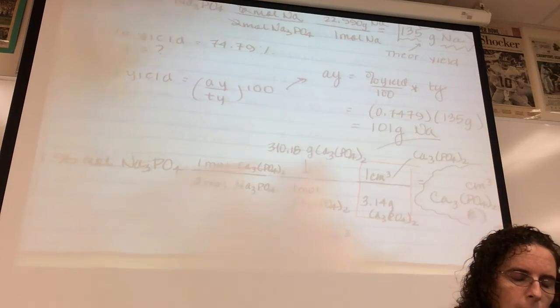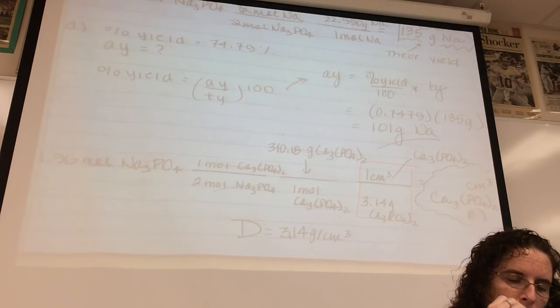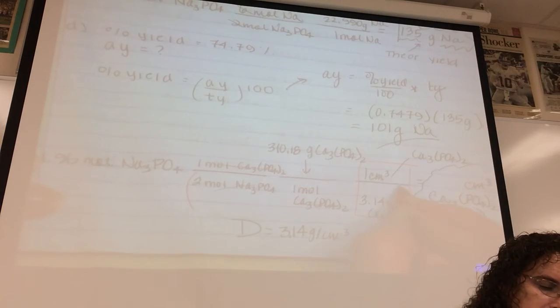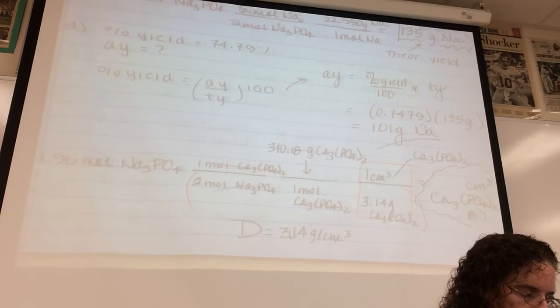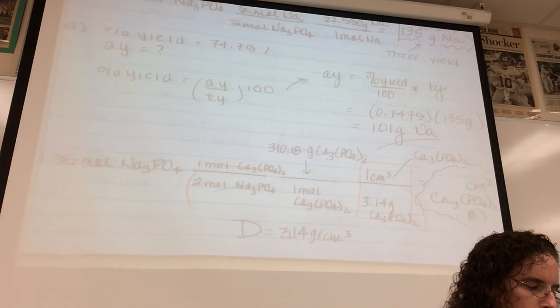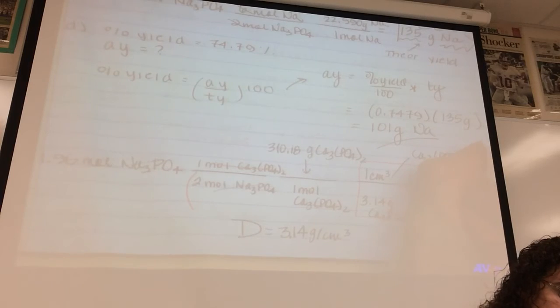This really should be written in a landscape portrait. That's why it's so squishy-wishy. So, be careful here, you have more than one quantity in the denominator. You have 1.96 times 310.18, divided by the product of 2 and 3.14, and that's going to be 96.8 cubic centimeters.